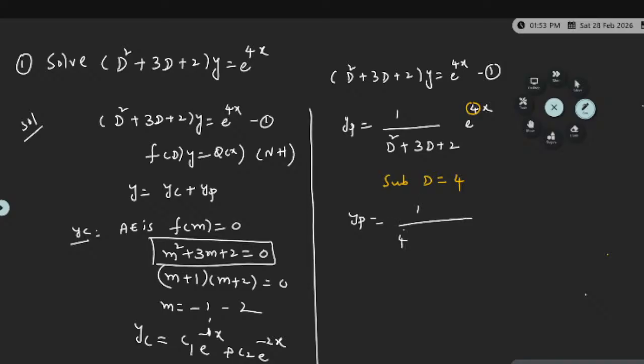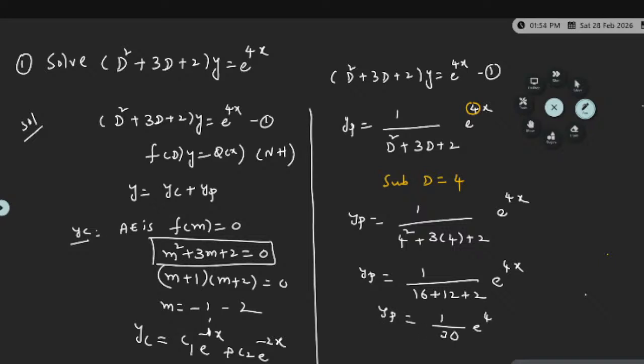Yp equal to, tell me, 1 by 4 square plus 3 into 4 plus 2, which is 16 plus 12 plus 2, 30. And finally y equal to yc plus yp.